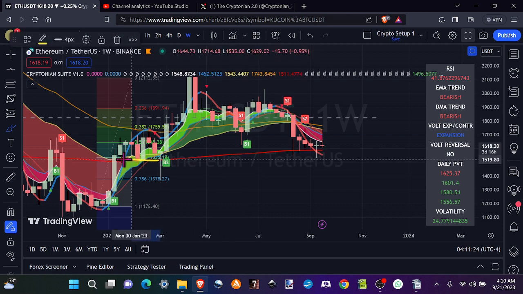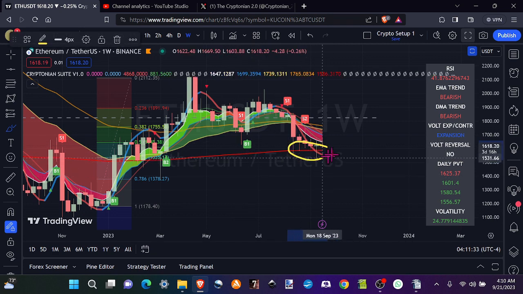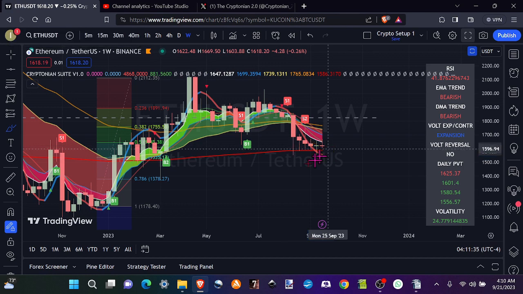Back here, it was right on the 200 moving average. And so this is a very important area. So I'm not surprised that we're seeing this type of purchasing at this level.